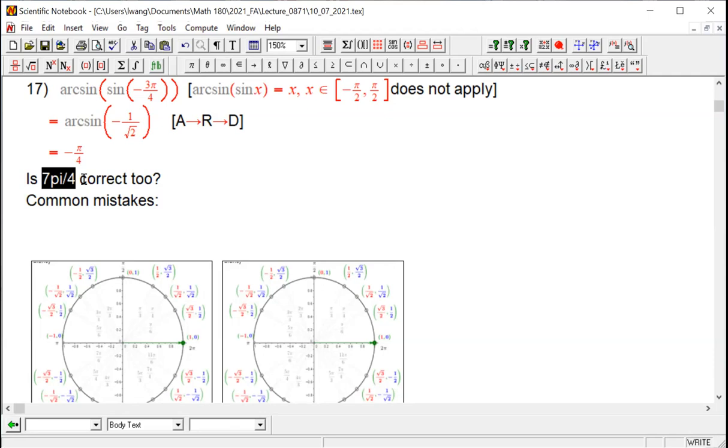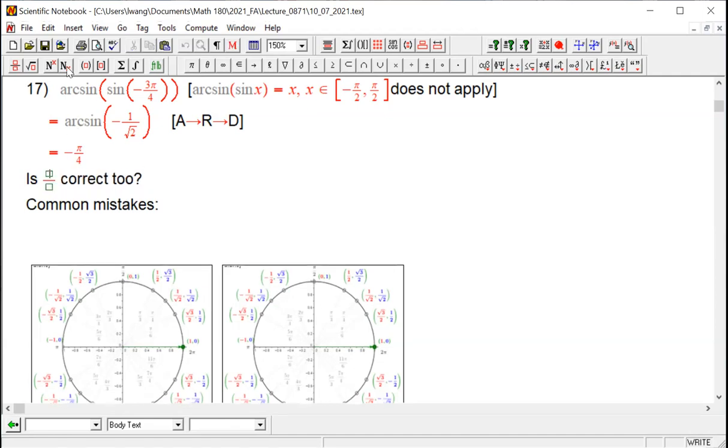It cannot be the answer. Do you follow me? 7π/4, you get zero for it. Got it? Why? Because 7π/4 is outside the range of ArcSine.